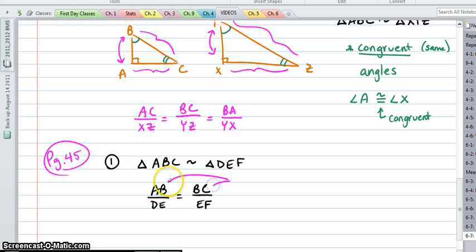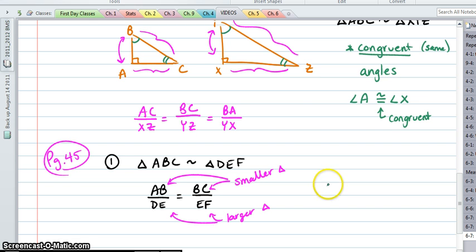I'm showing you that I am comparing my smaller triangle to my larger triangle. And yes, I will now fill in the numbers, but you don't just want to fill in numbers and hope that you're correct, because it's very easy to get one backwards. You might say, well, it was just a little backwards, but you need to make sure that you are using the corresponding sides when you set up your ratios and ultimately your proportion.